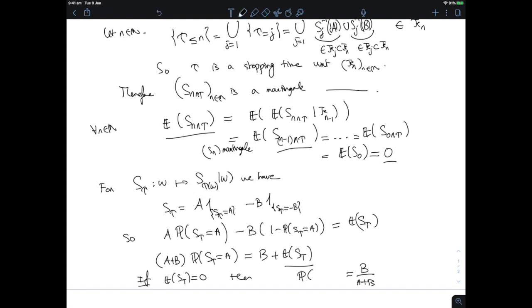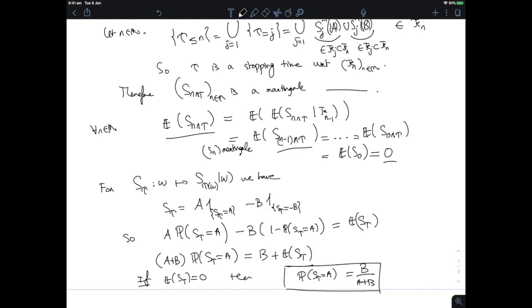And it's nice in this formula to run some reality checks, right? What happens if B is equal to A? Then this number is 1/2, and that makes sense, right? If the interval is symmetric around 0, there should be a probability 1/2 to exit to the right as opposed to exiting to the left. On the other hand, if I send B to infinity, then this probability tends to 1. So I'm surely exiting a finite interval before I go to minus infinity.